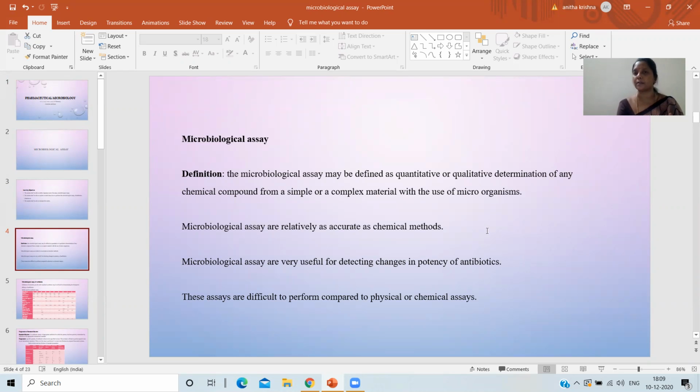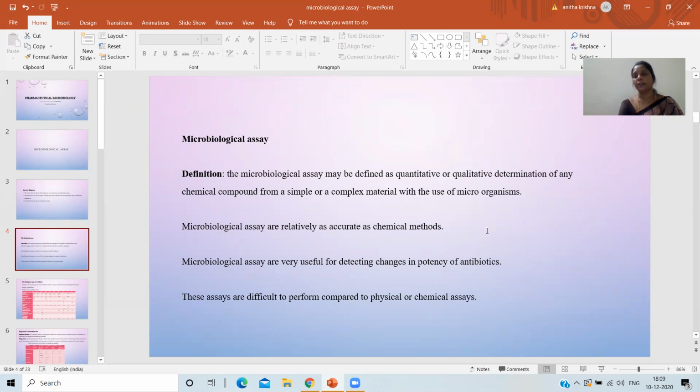Of a chemical substance. From where? From simple or complex material. By using what? By using a microorganism. So microbiological assay is a quantitative or a qualitative determination of a chemical compound from simple or complex material using a microorganism. It's a simple and easy definition.